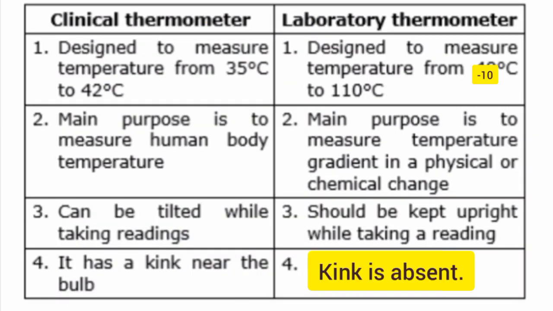Now there are some differences between the clinical and the laboratory thermometer. First, the clinical thermometer is designed to measure temperature from 35 degrees Celsius to 42 degrees Celsius, whereas the laboratory thermometer is designed to measure temperature from minus 10 degrees Celsius to 110 degrees Celsius. Second, the main purpose of the clinical thermometer is to measure the temperature of the human body, whereas the main purpose of the laboratory thermometer is to measure the temperature gradient in a physical or chemical change of an object.